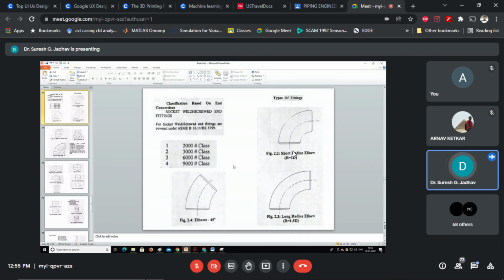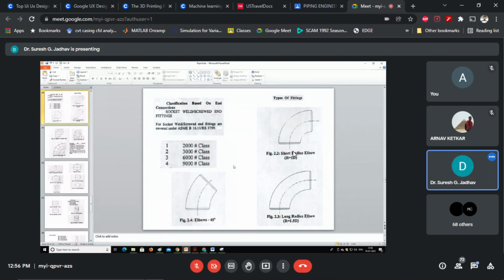These designations represent the maximum cold non-shock working pressure of the fitting in pounds per square inch, that is PSI. Now the first class is 2000 class.